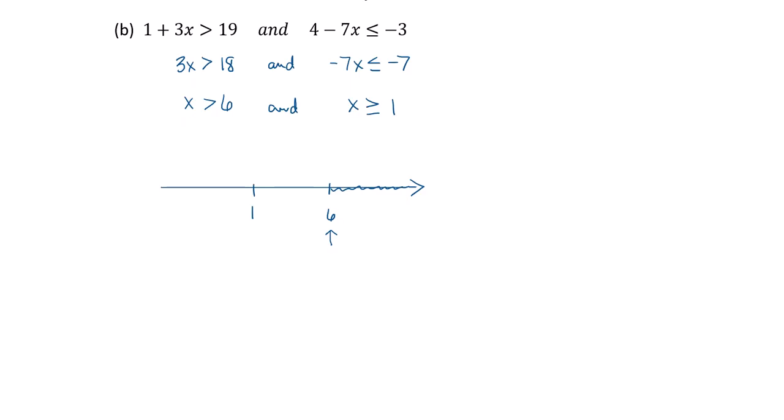It doesn't matter if it works for this one because it has to work for both of them at the same time because of the "and." So we're not going to include the 6. We'll write our answer as 6 with the parenthesis and on to infinity.